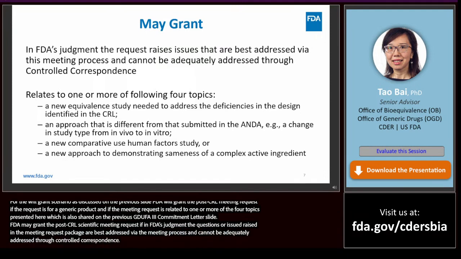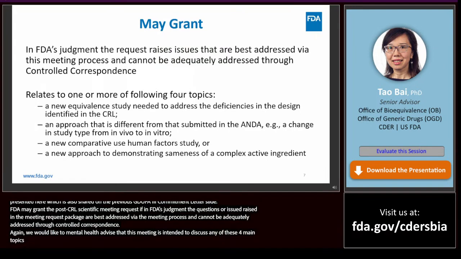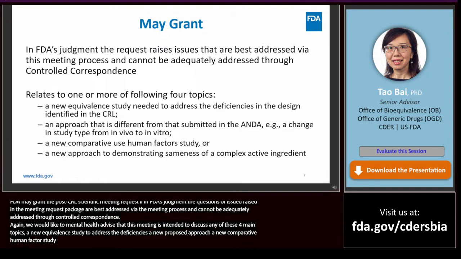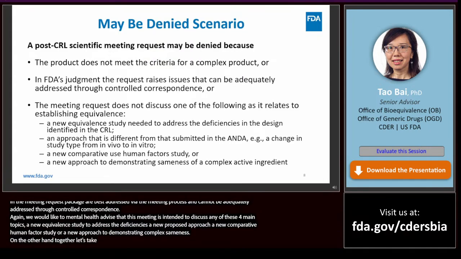Again, here, we would like to emphasize that this meeting is intended to discuss any of these 4 main topics: a new equivalence study to address the deficiencies, a new proposed approach, a new comparative use human factor study, or a new approach to demonstrating complex API sameness. On the other hand, together, let's take a look at the scenarios where FDA may deny a post-CRL scientific meeting request.